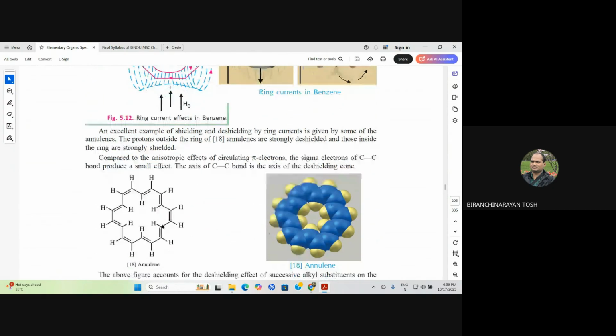Here, in the case of annulene, the protons which are outside the ring are strongly deshielded, and those inside are shielded.